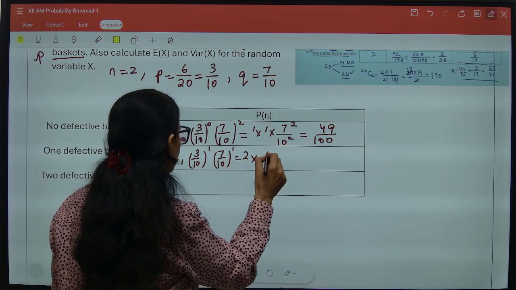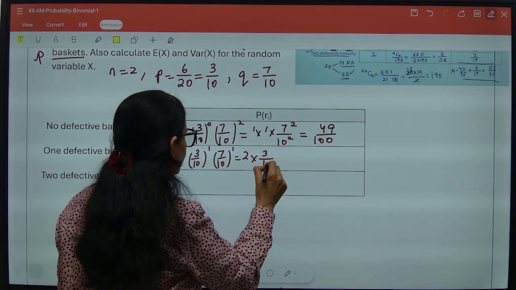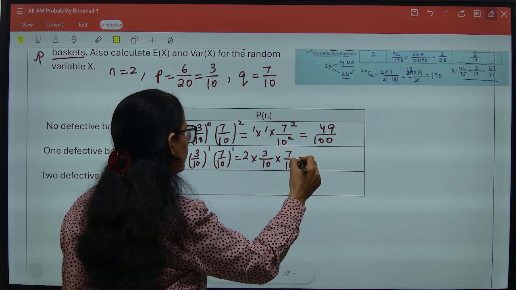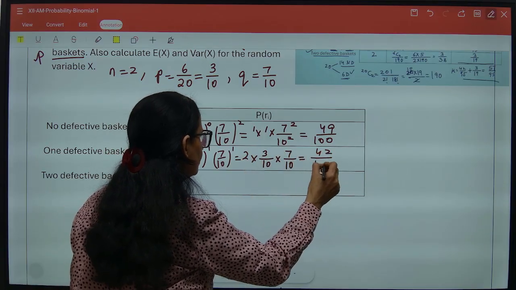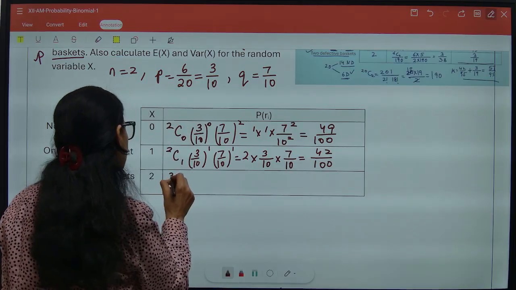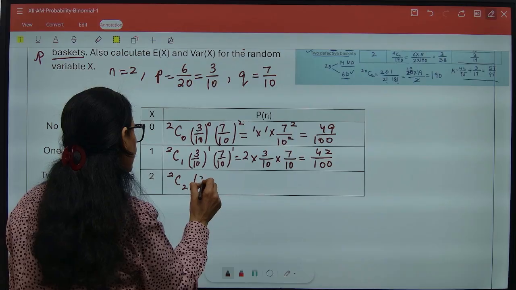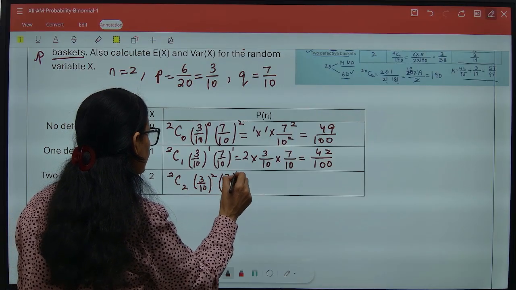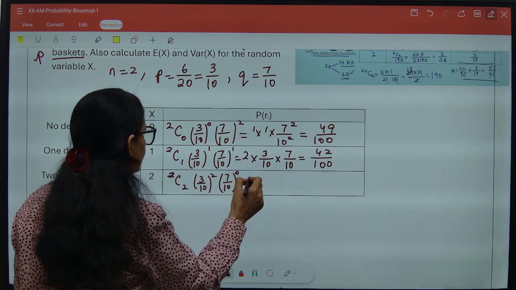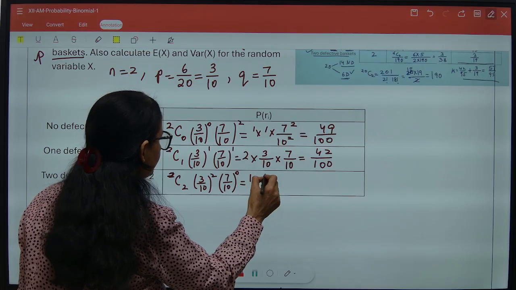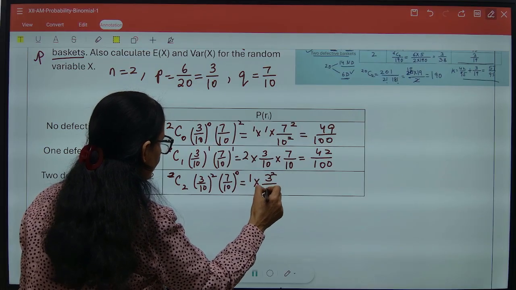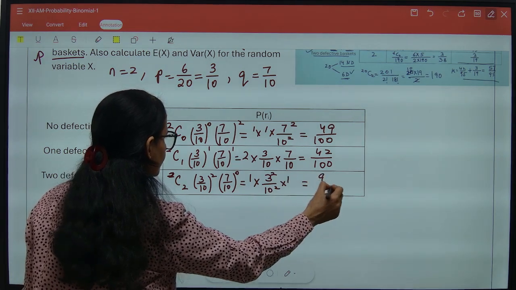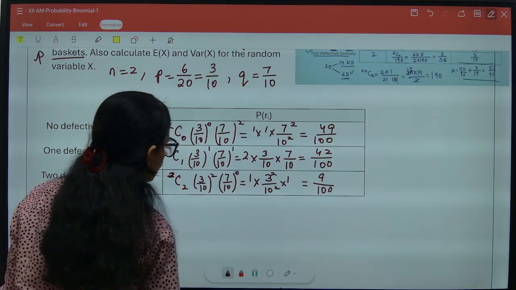So 2 into 3/10 into 7/10, 7 threes are 21, 21 twos are 42, 42 by 100. Next is 2C2, (3/10)^2 and (7/10)^0. 2C2 is 1, 1 into 3 square upon 10 square into 1. So this is 9 by 100.